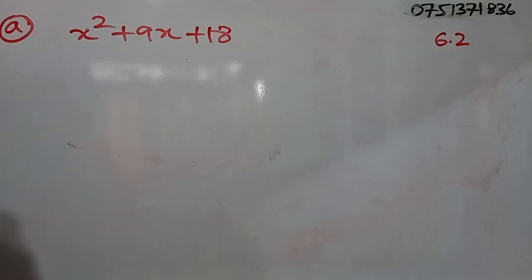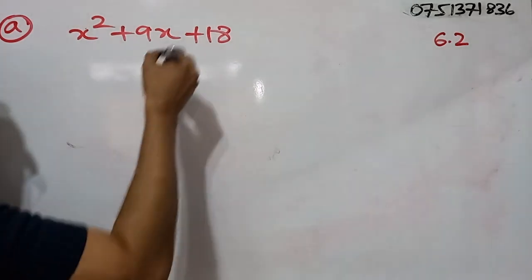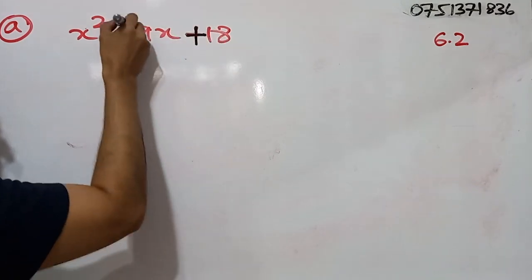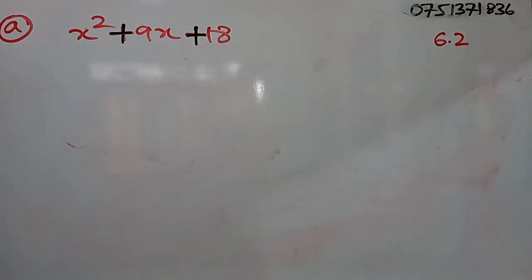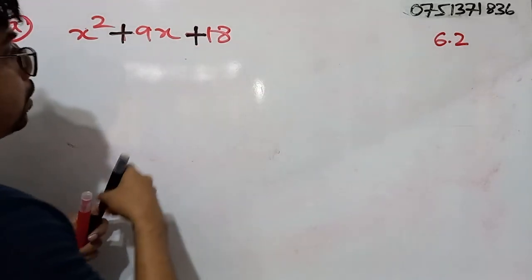Right. Exercise 6.2. So here we have some expressions that we need to factorize. All the expressions are trinomial quadratic expressions. So this is simple a. Here we have a plus. Here also we have a plus. Right? So when we multiply these two values, what do we get?